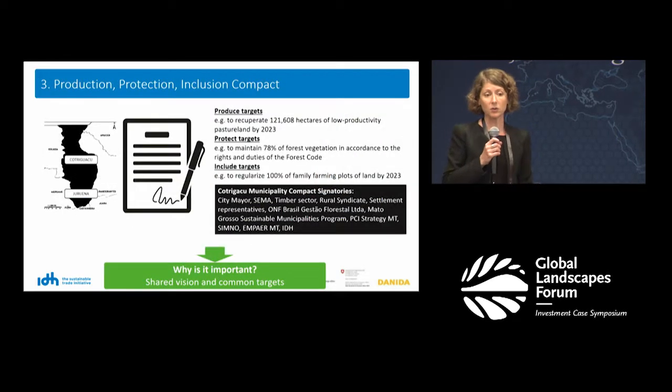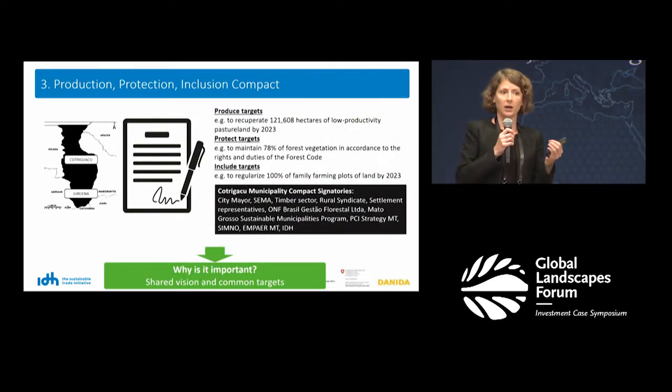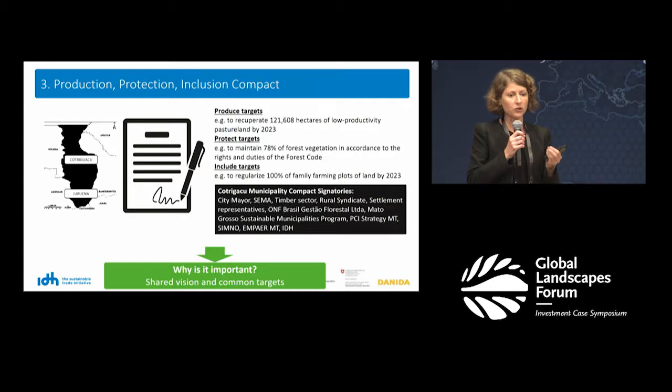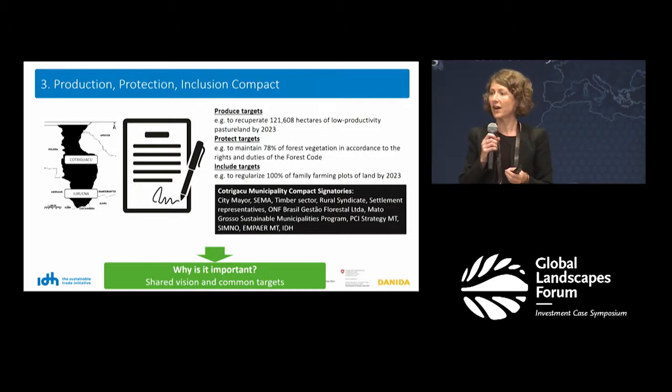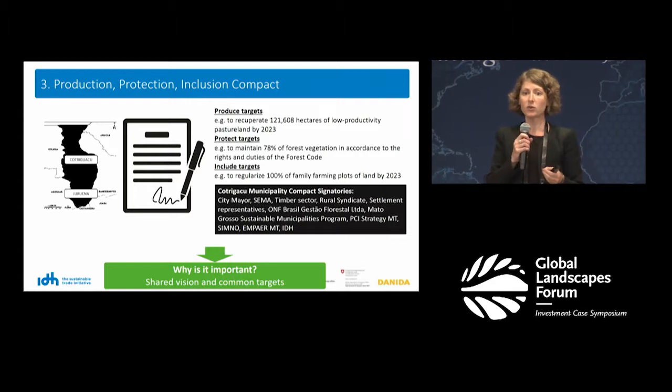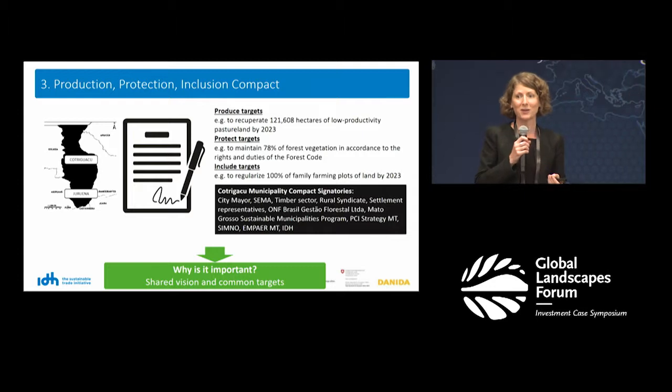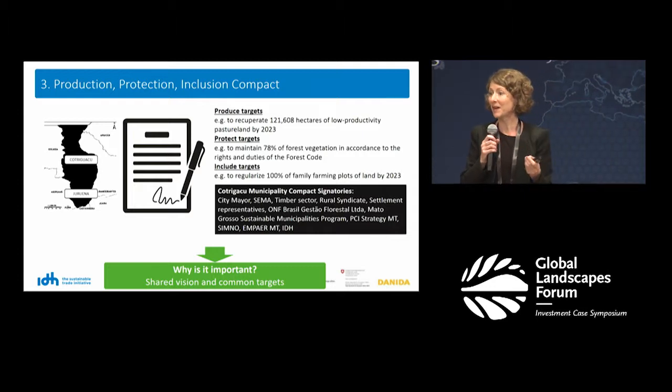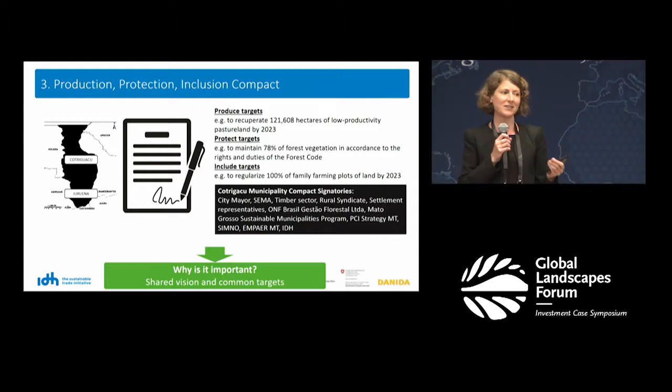The third ingredient is about what we call developing production, protection, and inclusion compacts, which are agreements between different stakeholders at a sub-jurisdictional level, agreement on key targets that all of the stakeholders agree upon. This is actually in the municipalities of Cotriguaçu and Juruena. These compacts were recently signed on the 10th of May.